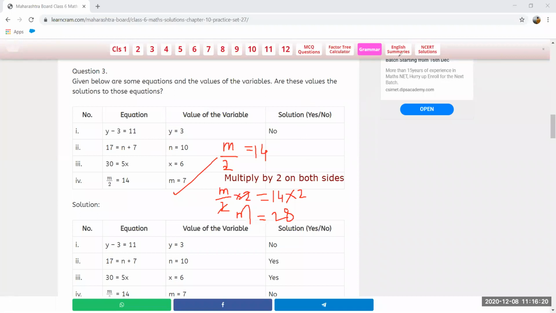Yes, clear everyone? Okay, so we have completed our addition sum, subtraction sum, multiplication sum and division sum. Okay, very good everyone. Aditya, Lokesh, Rhythm, very nice. Shreya, good.